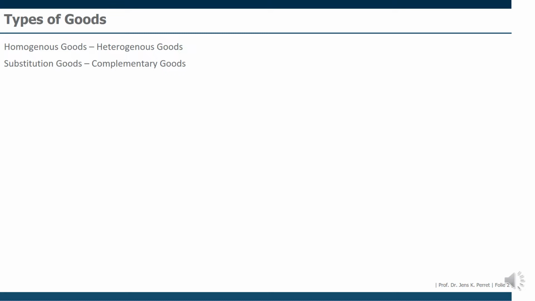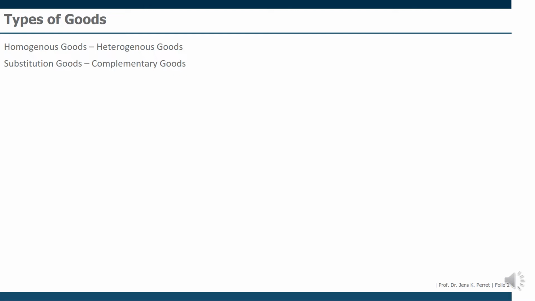So if, for example, you think about drinks, substitution goods could be Coke and Pepsi. You could replace one with the other. Complementary goods, on the other hand, could be something like a DVD player and DVDs. If you only have the DVD player, doesn't matter how many players you have, you cannot do anything with this. Same thing with DVDs. If you have a lot of DVDs, no player, cannot do anything with this.